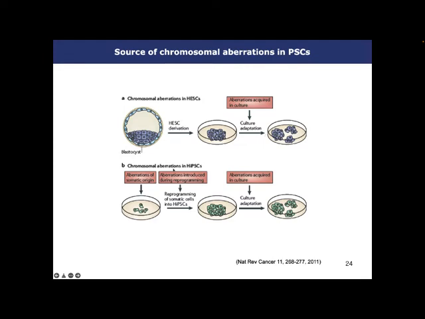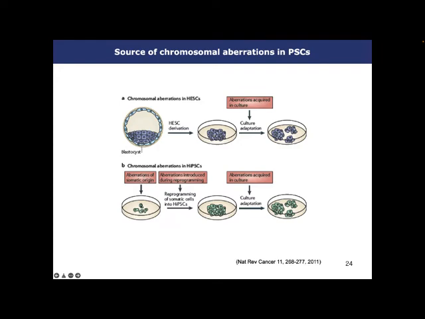And chromosomal abnormality during induced pluripotent stem cell generation is more frequent because the aberration may already exist in the somatic cells. For example, if we start from millions of fibroblasts, maybe some of the fibroblasts already have somatic mutations or chromosomal abnormalities.